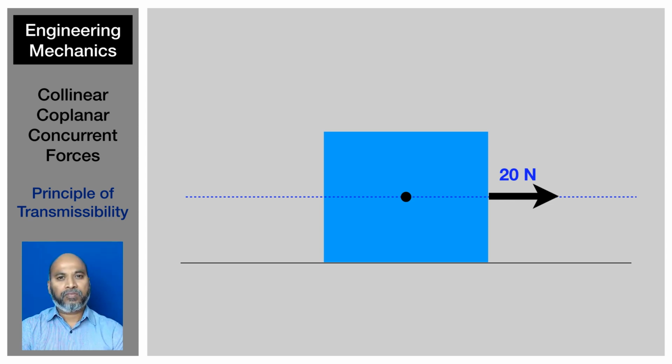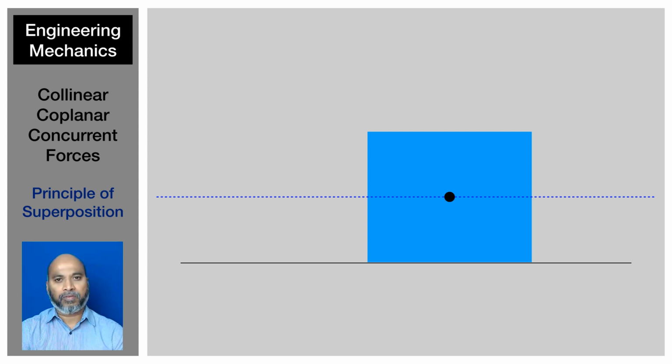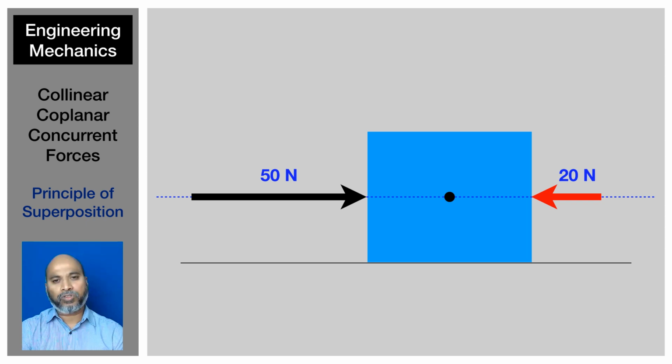Now using the principle of transmissibility, we can derive another principle. We call it the principle of superposition. Let's take this box again, and let's say we are applying a force of 50 newtons on the left side, and then we apply another force of 20 newtons on the right side.